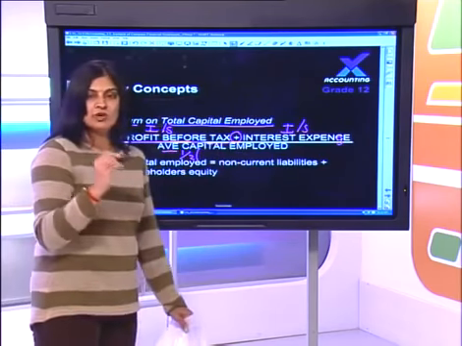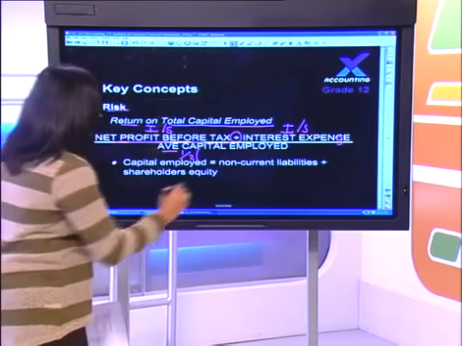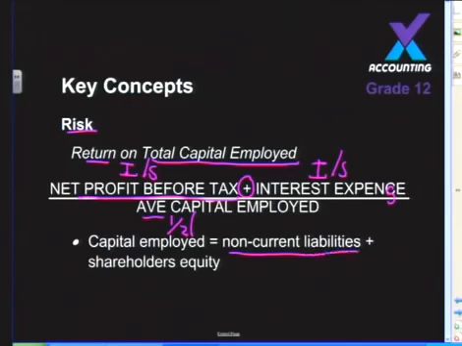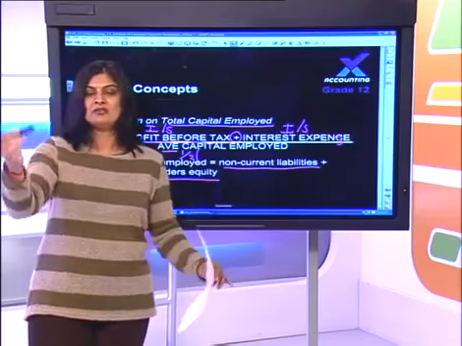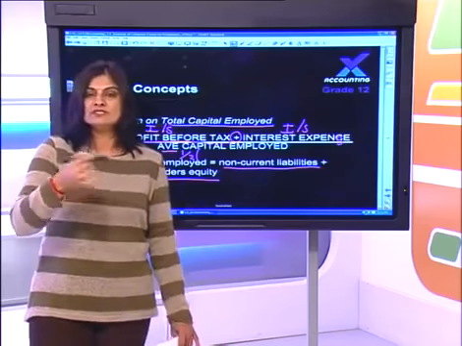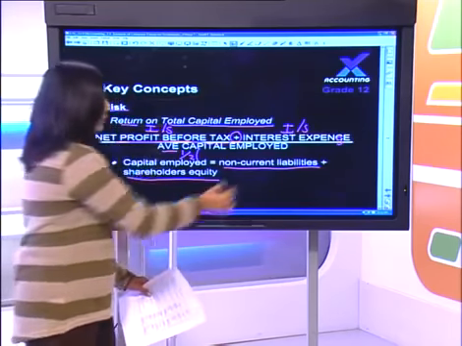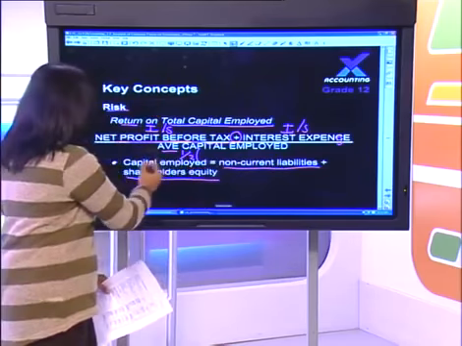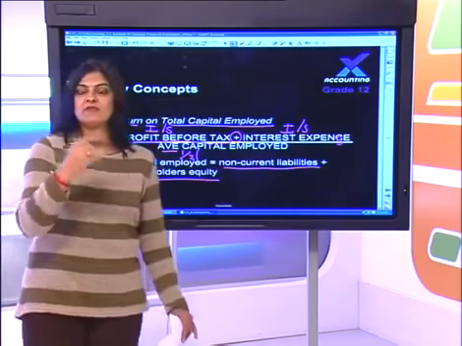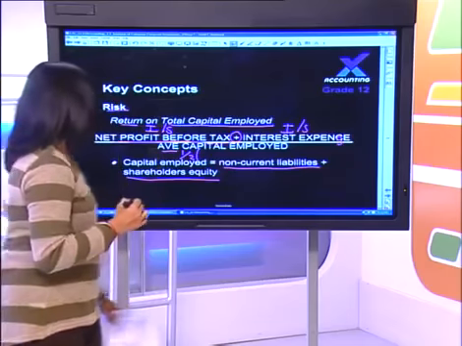Capital employed. The word capital employed refers to your non-current liability plus shareholders' equity. In other words, total capital that you have employed for the business itself would be what you've borrowed as well as what the shareholders have contributed to the business.